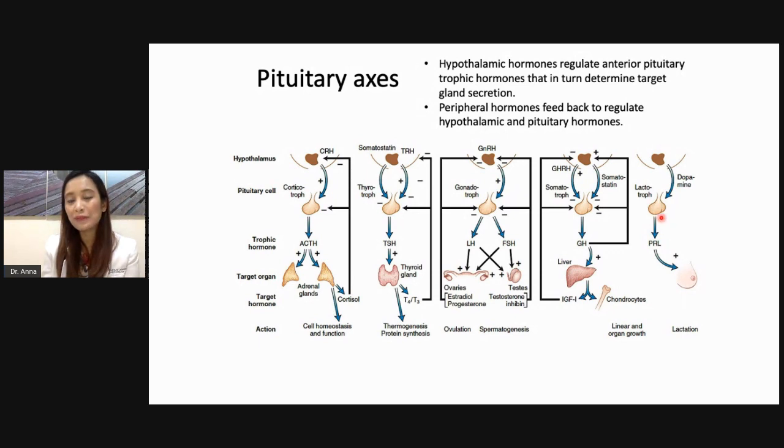Normally your pituitary would just keep on secreting prolactin, but dopamine has an inhibitory effect to control the release of prolactin from your pituitary. Prolactin then has effects on your mammary glands to induce lactation. All right?